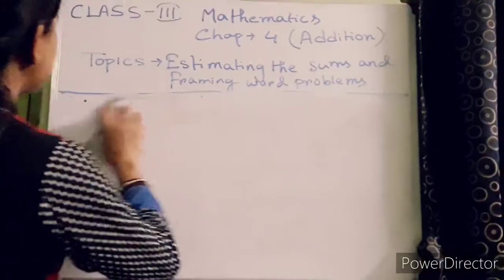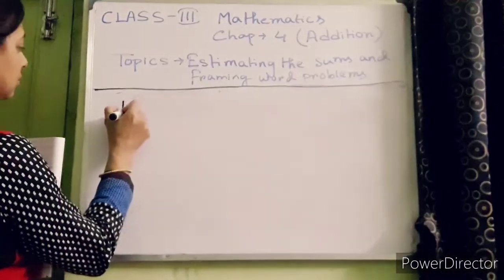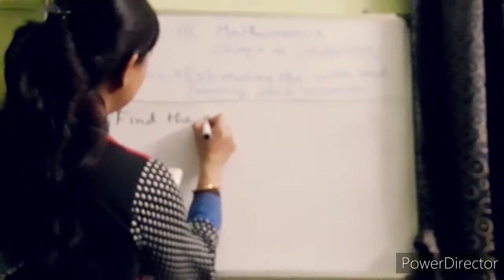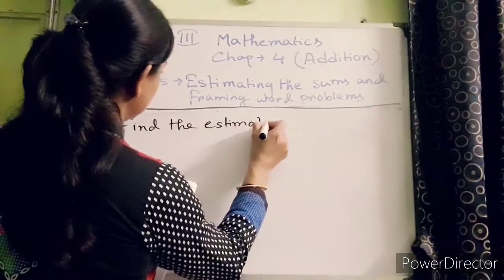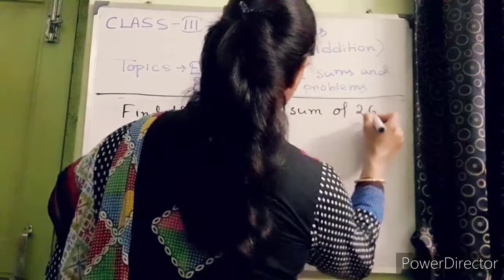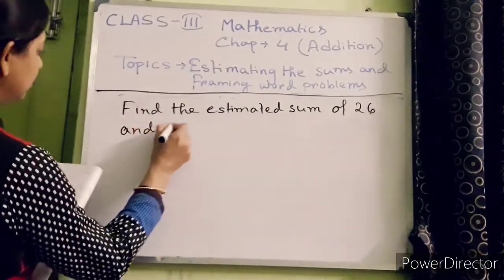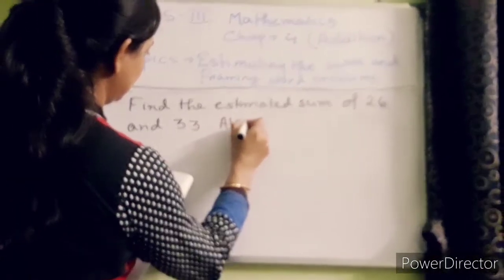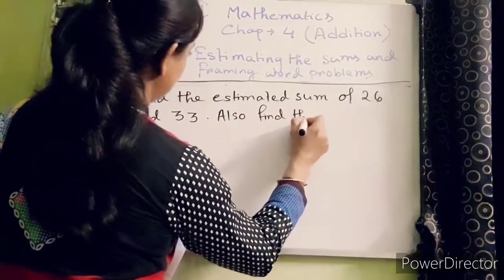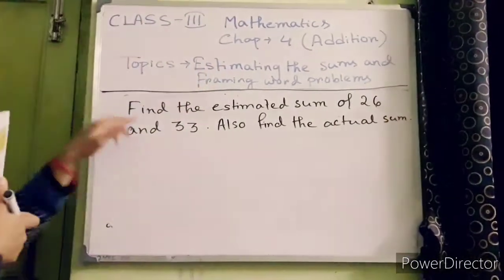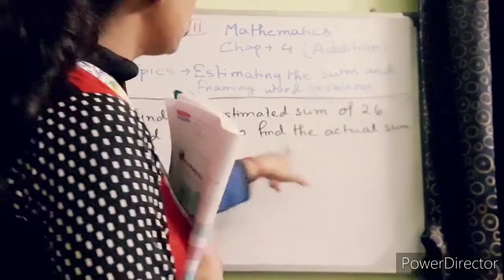Now, find the estimated sum of 26 and 33. Also find the actual sum.